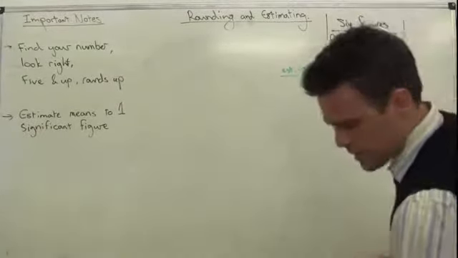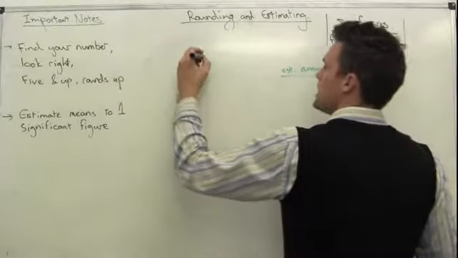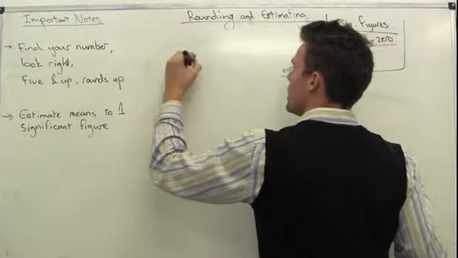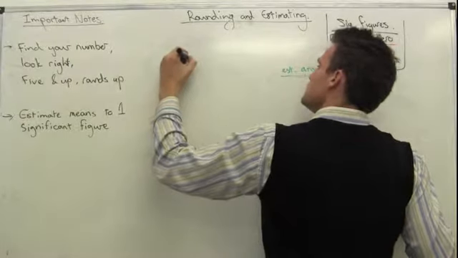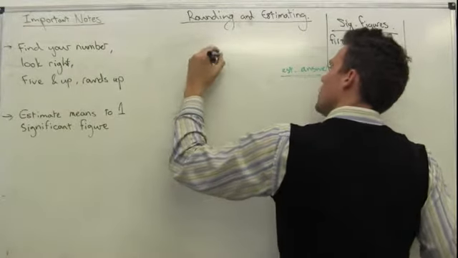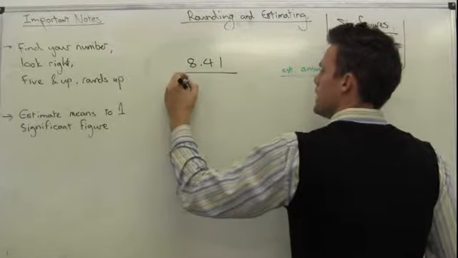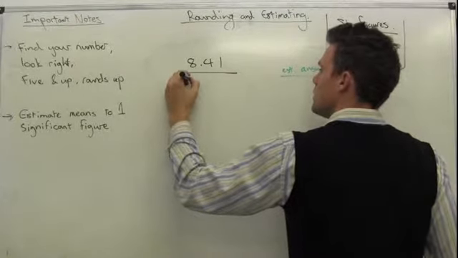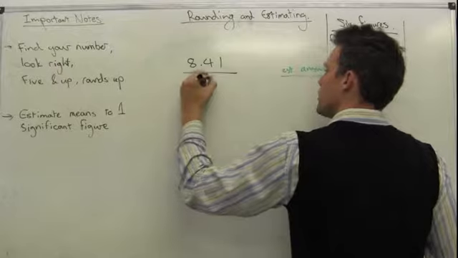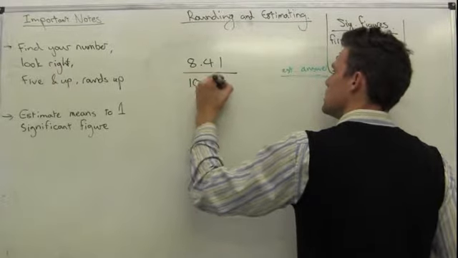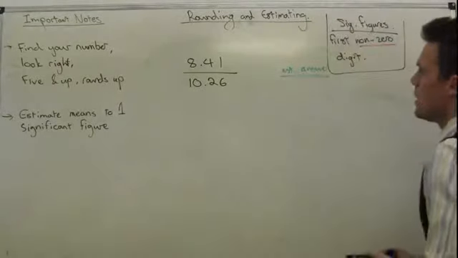So we are asked now in the question, please estimate the answer to, I don't know, let's say 8.41 divided by, let's say 10.26, something like that. Estimate an answer.